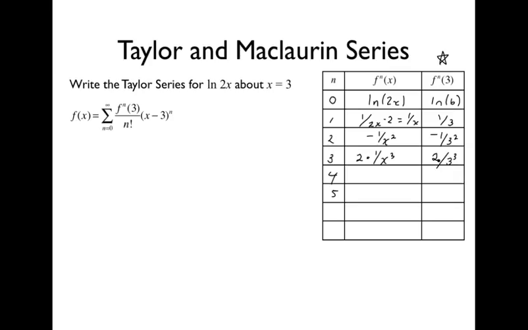Don't do any simplification, and as we go further down, you'll see what happens. Next one, this is negative 3, so we have negative 3 times 2 times 1 over x to the 4th. Again, we write that out: negative 3 times 2 over 3 to the 4th.